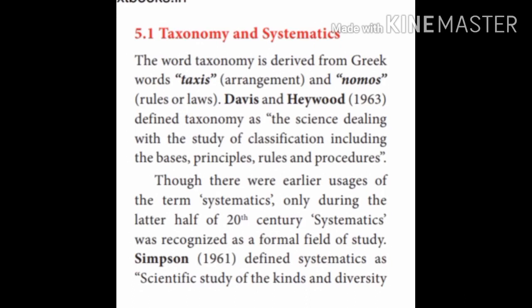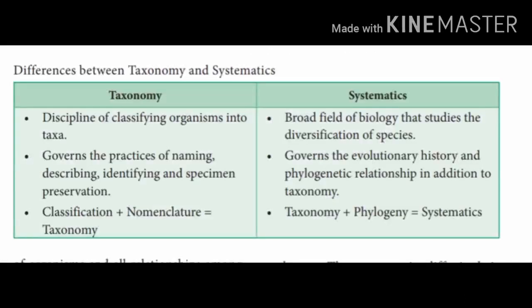Systematics is recognized as a former field which is defined as the scientific study of the kinds and diversity of plants. Here we see the differentiation table between taxonomy and systematics. Taxonomy is a discipline of classifying organisms. It is a broad field of biology that studies the diversity of species, and taxonomy governs naming, describing, identifying, and specimen preservation, whereas systematics governs the evolutionary or phylogenetic relationship.